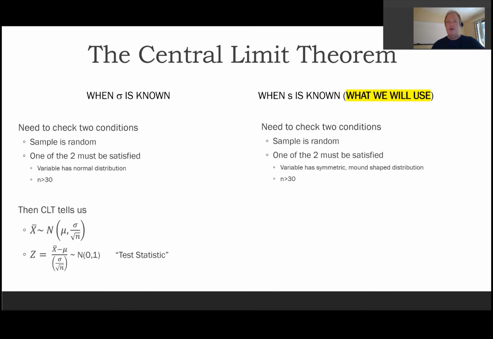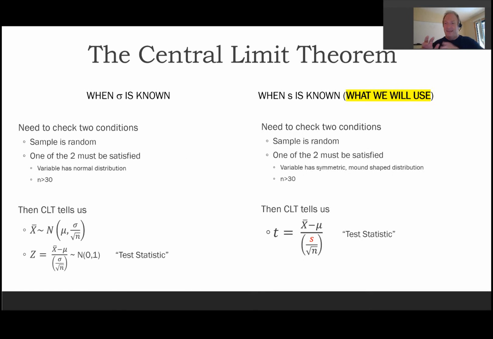Now, the central limit theorem tells us something a little different here, okay? It says that we're going to compute a new statistic, but instead of a z-score, it's going to be called a t-score, hence the small t.